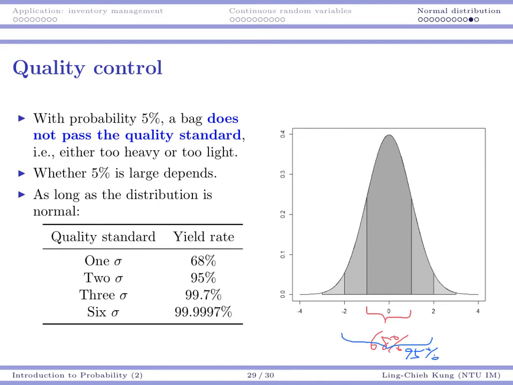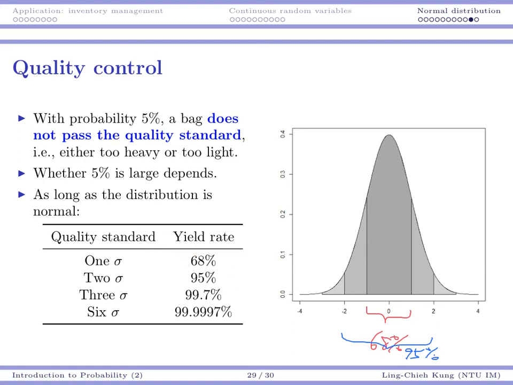So think about the situation that you are the manager of a factory and you are producing a product and you have similar quality control problems. Your task is to decide a quality standard. If you set your standard to be, let's say, 1 sigma, then you will have a yield rate that is 68%.